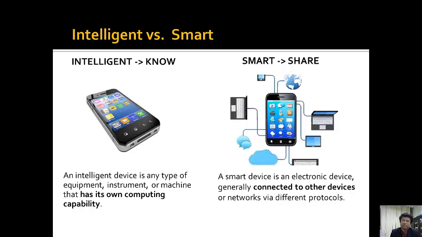A smart machine or smart device means an electronic device generally connected to other devices or networks via different protocols. Usually we refer to it as a smart device. Of course, it has its own computing power.